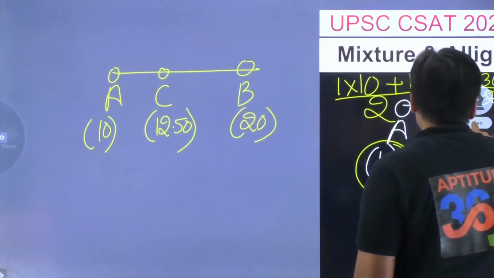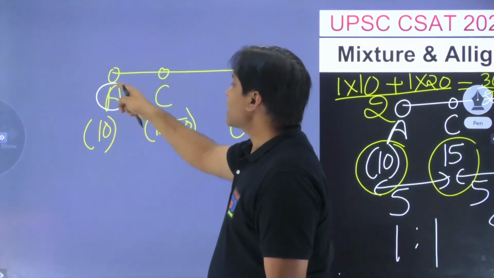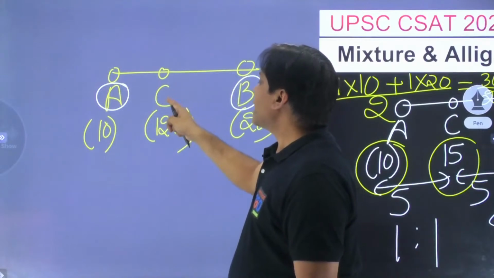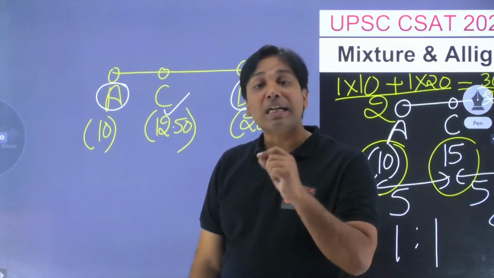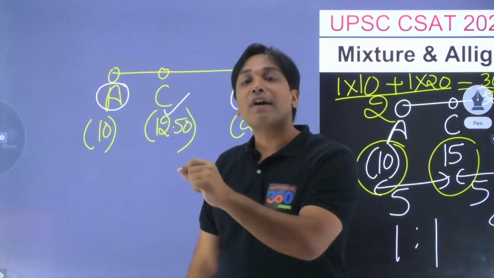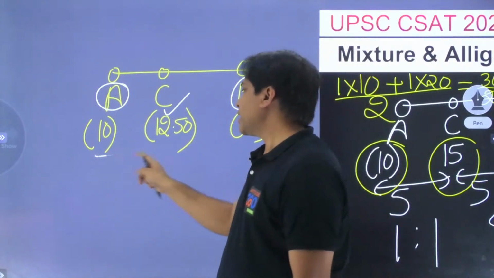So my question to you is, in what ratio we should be mixing A and B, so that the price of the third variety comes out as 12.50 rupees per kilogram.